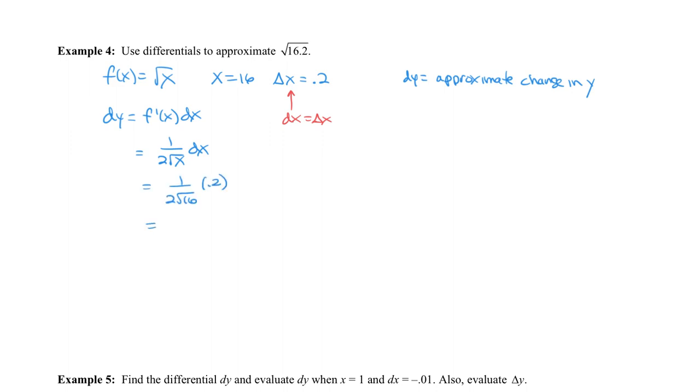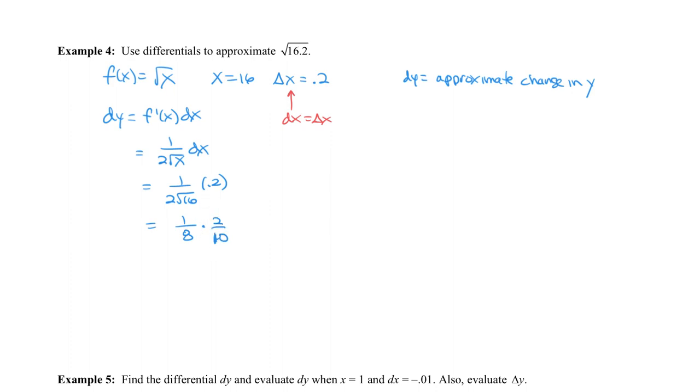So we get 1 over 8, and then 0.2, just so we can use fractions, I'm going to write it as 2 over 10, only because I'm doing this part by hand, right? So this is 1 divided by 2 times 4, which is 1 over 8. 0.2 is just the same as 2 over 10.